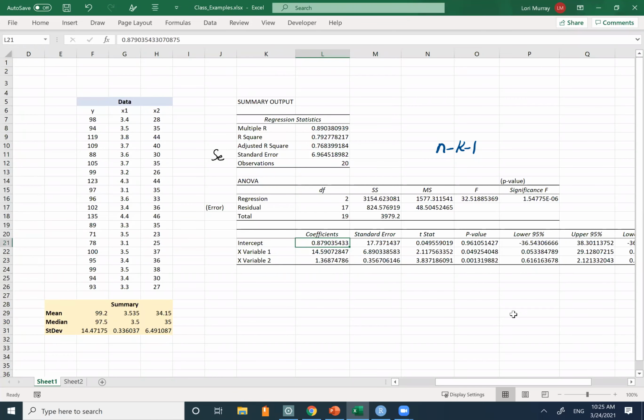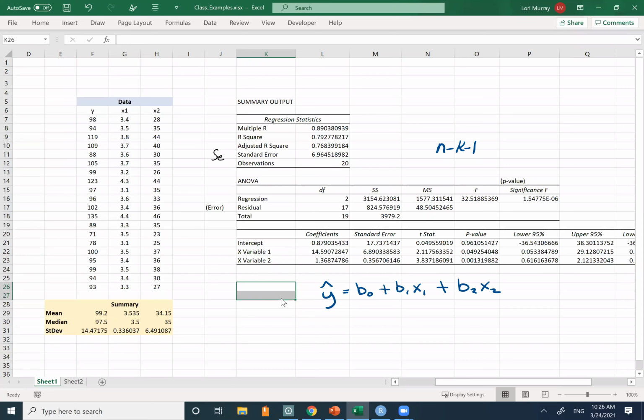Now we look down here. Here's the coefficients. So what does this mean though? What's the model here? For a multiple regression, we want y hat equals b naught plus b1 x1 plus b2 x2.